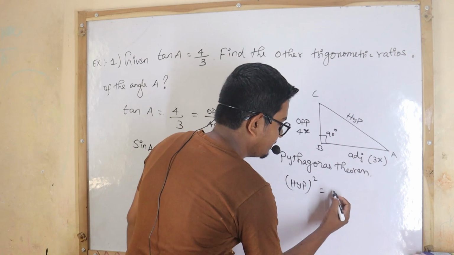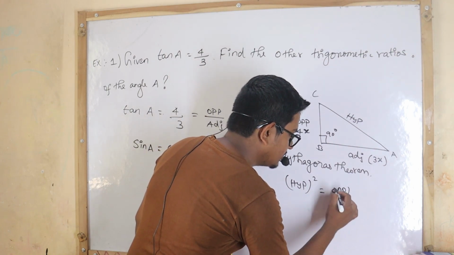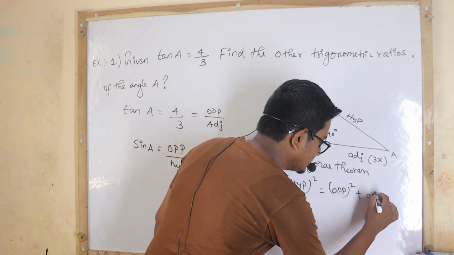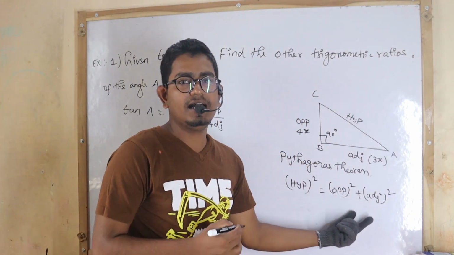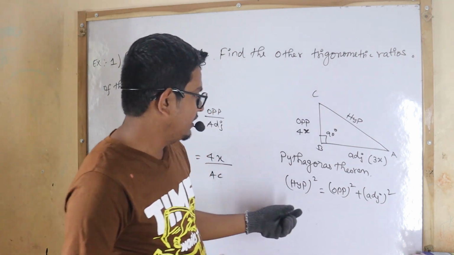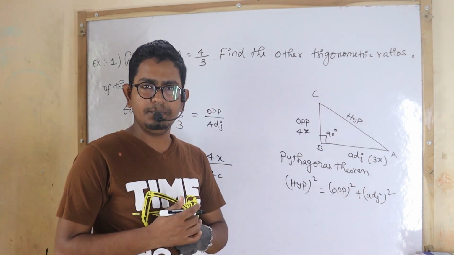So here, that is opposite square plus adjacent square, right? Sum of the squares of the other 2 sides. So we got this from Pythagoras theorem.